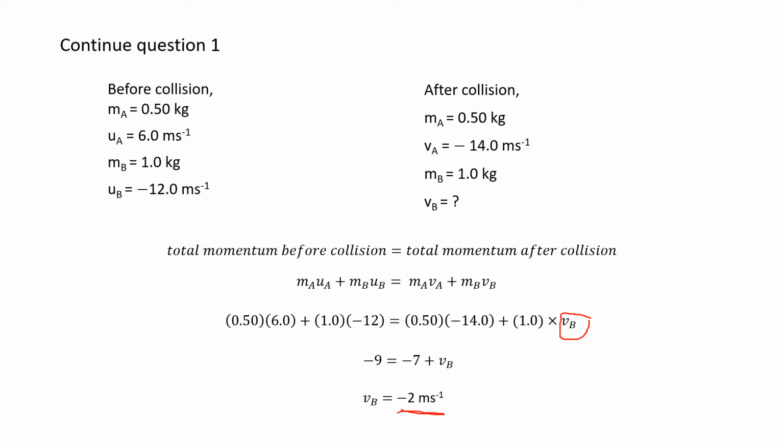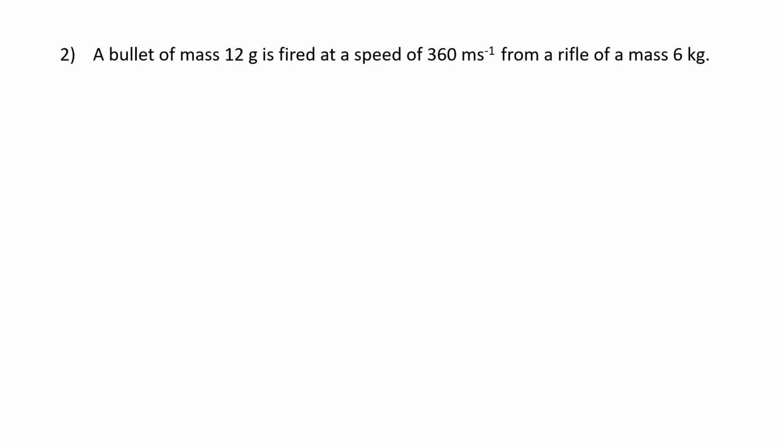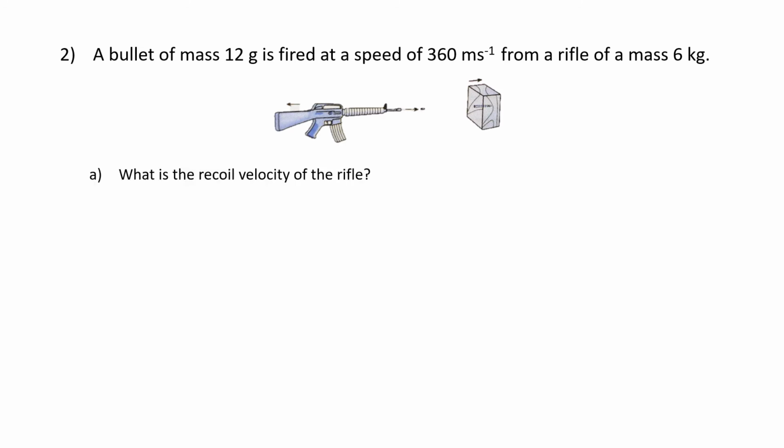Let's move on to question 2. The question says a bullet of mass 12 gram is fired at a speed of 360 meter per second from a rifle of mass 6 kilogram. Here is the figure. Question A: what is the recoil velocity of the rifle?